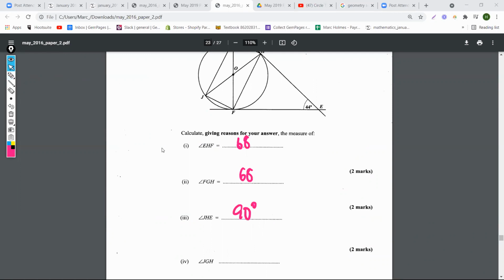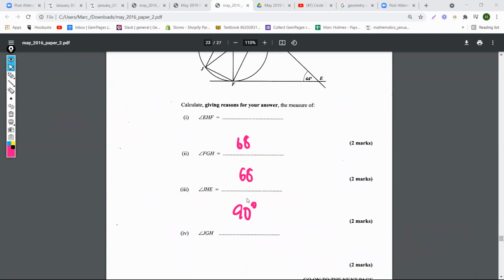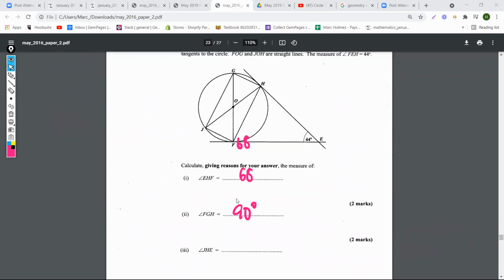And the last one now, it says JGH, JHE. Okay, let's double check them, guys. So JHE. Yeah, this is 90 degrees too, guys. Why is this 90 degrees? Remember, the radius always meets the tangent at 90 degrees.